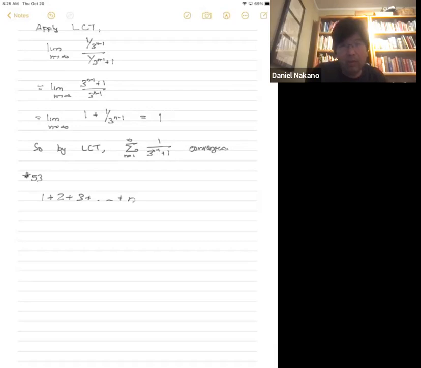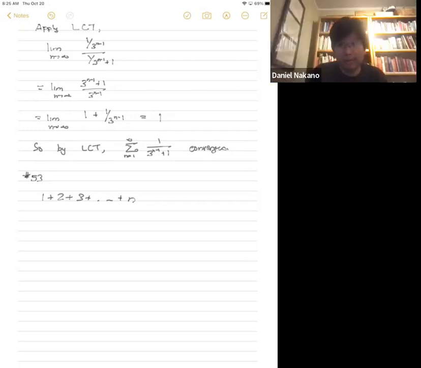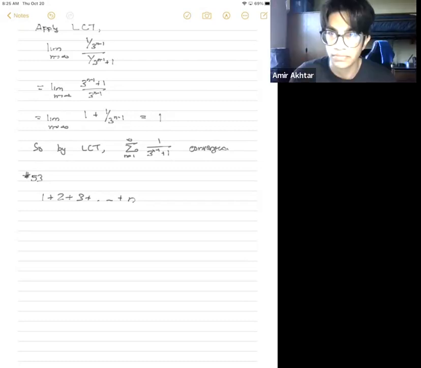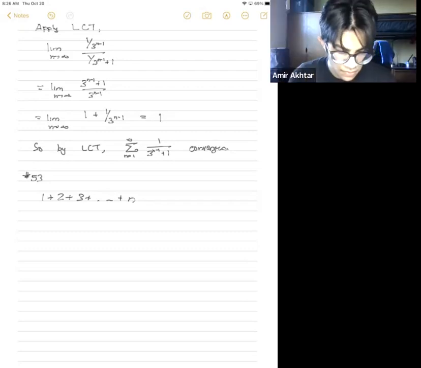So sum the numbers from 1 to 10, and he was able to do it very quickly. Sum the numbers from 1 to 100, and he was still able to do it very quickly. So how can a 10-year-old actually find the sum of these numbers?